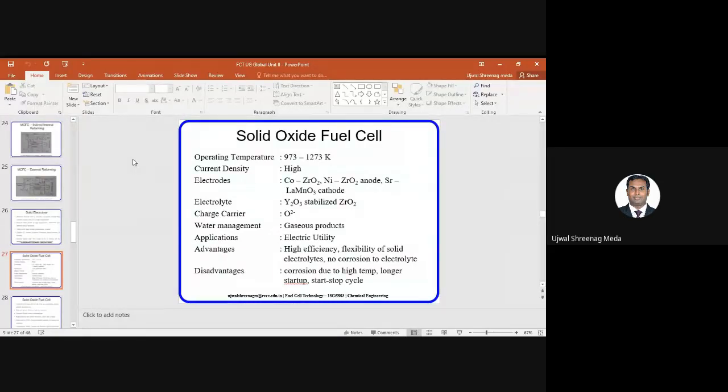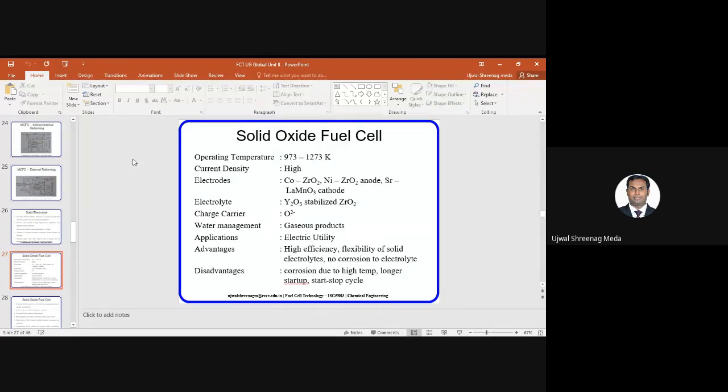Coming to the disadvantages: corrosion due to high temperature. Even though it is termed corrosion in both cases, the impact on the material will be different, and so is the associated durability.